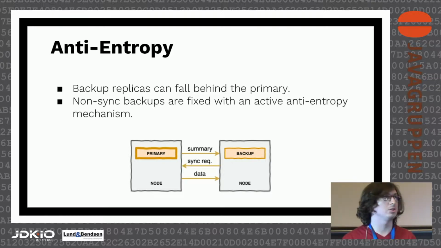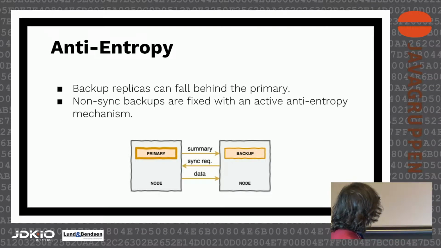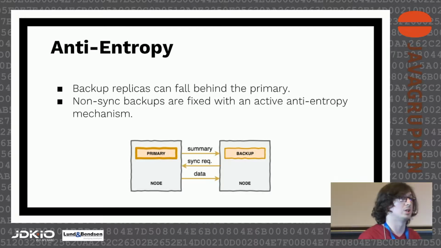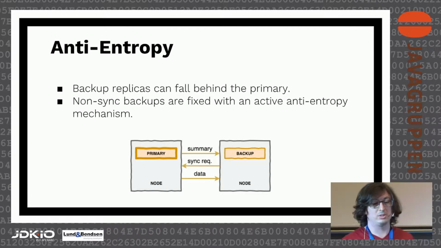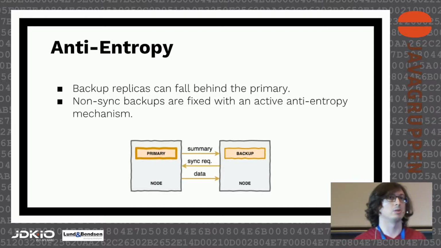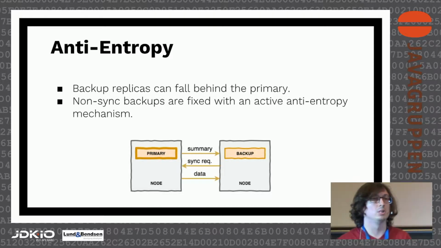If there is a mismatch, it triggers a synchronization with the primary to get the missing parts. This technique is called active anti-entropy because it doesn't expect any explicit mechanism from the user, like an API call or a map get or put call. It just runs automatically in the background.